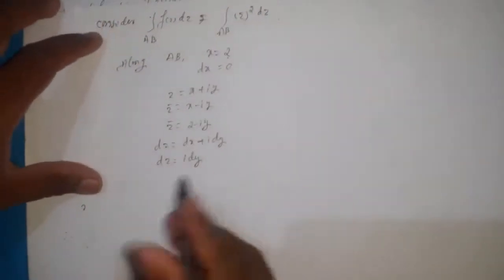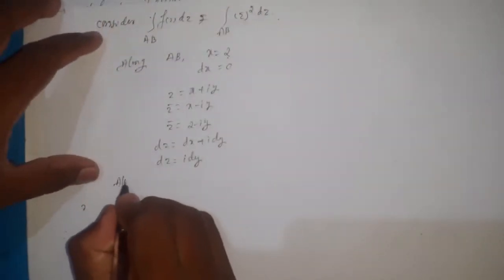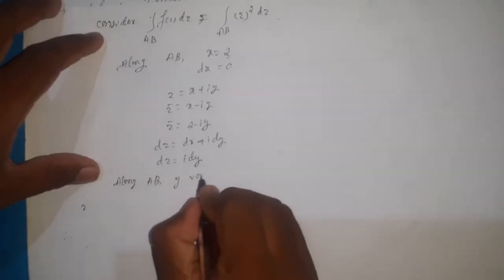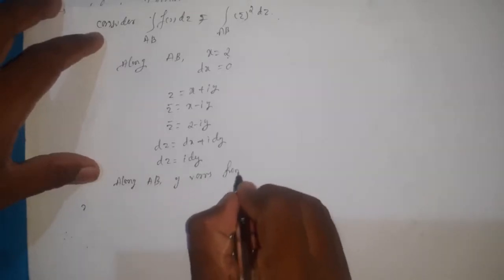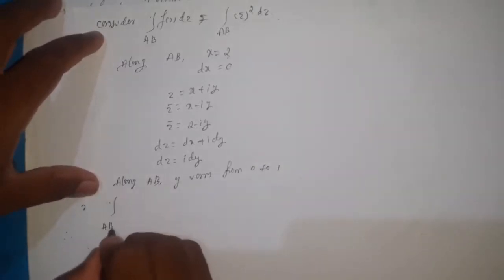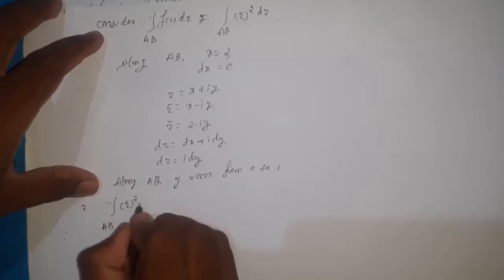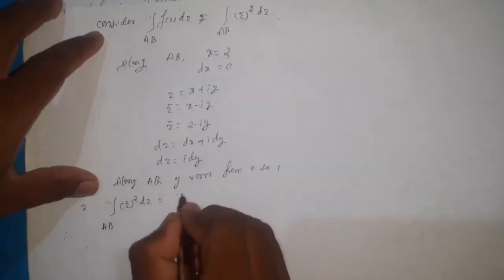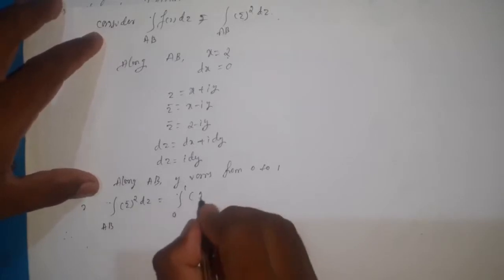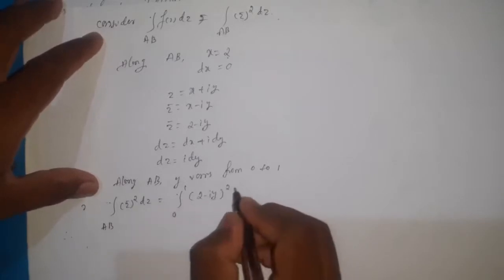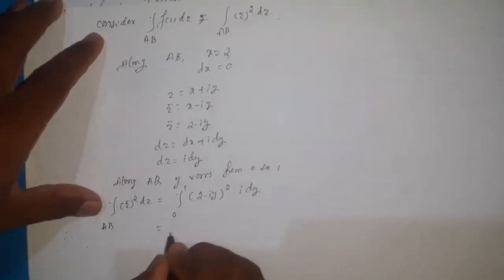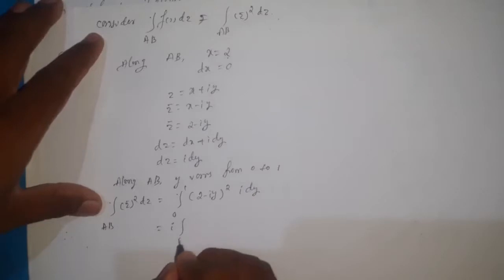So along AB, y varies from 0 to 1. Then integration over AB (z bar) whole square dz equals integral from 0 to 1 of (2 minus iy) whole square and dz is i dy. So i is constant, taking it outside, then 0 to 1.